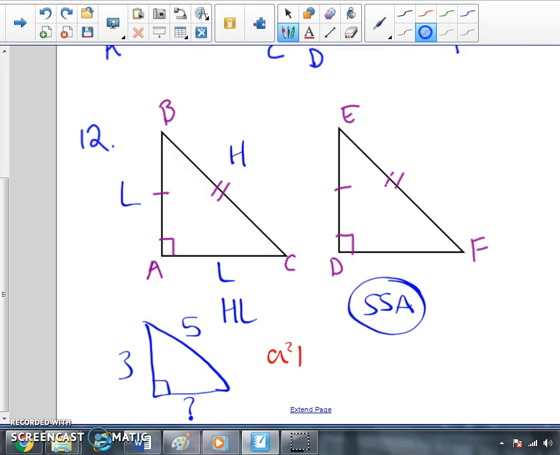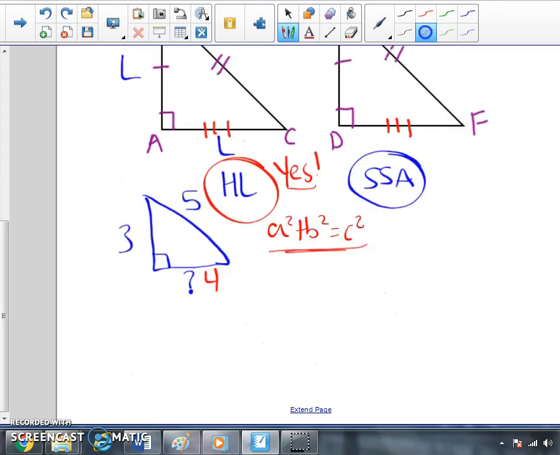We know that missing length because we can use Pythagoras' theorem, a squared plus b squared equals c squared, and that length would actually be 4. So we can actually use hypotenuse leg as a fifth way to prove triangles congruent, because of the fact that if we see side-side-angle, what we can say is that our third side would need to be the same or congruent because of Pythagoras' theorem.